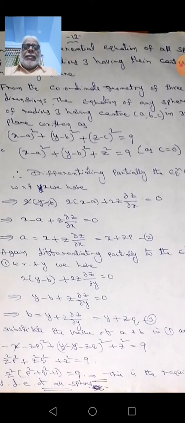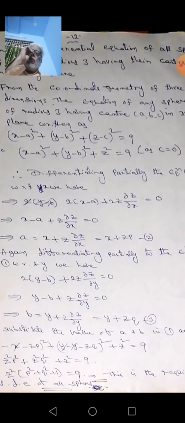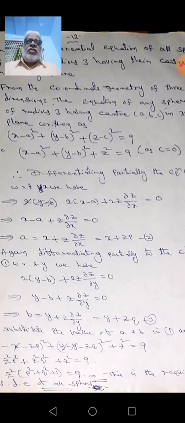How? With respect to x, generally the partial derivative is in the form of z is equal to f of x, y. So here z is a function of x and y. Y is a separate variable and x is a separate variable, but in z there are two variables.